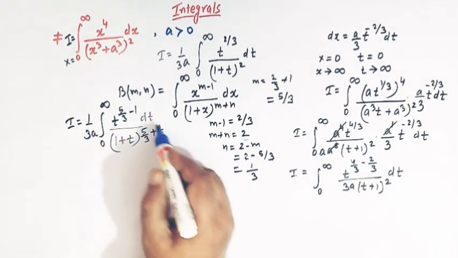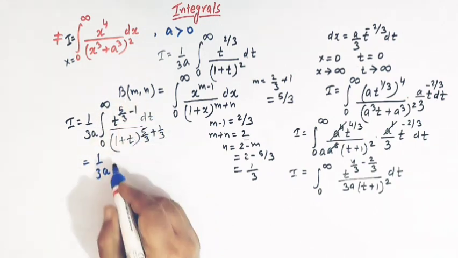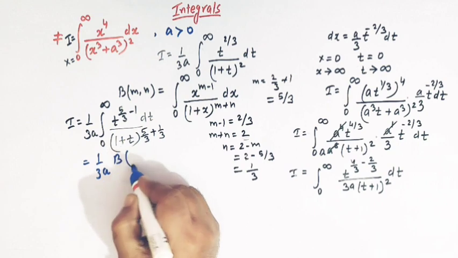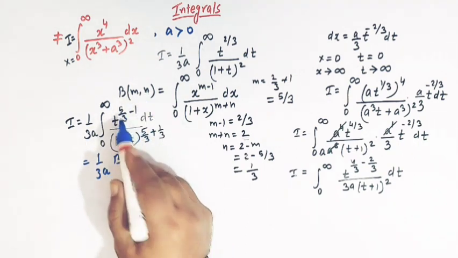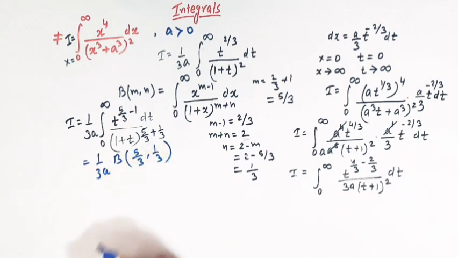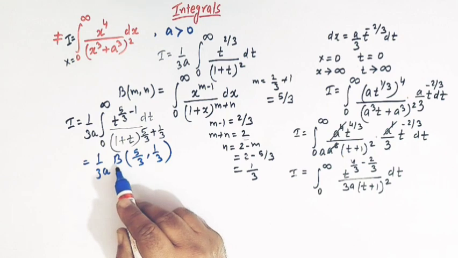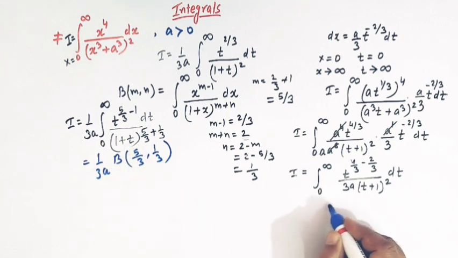So now this integral is our beta integral or the beta function. So we have beta m comma n. M is 5 by 3 and n is 1 over 3, right? And now we know an important relation between a beta function and the gamma function.